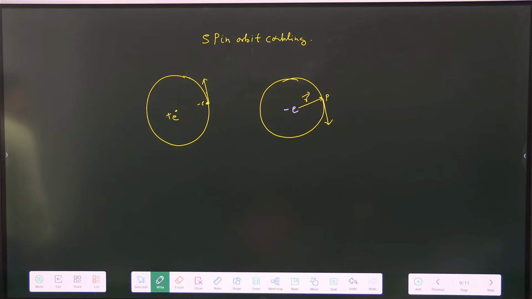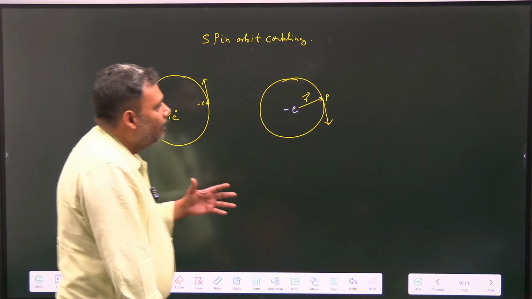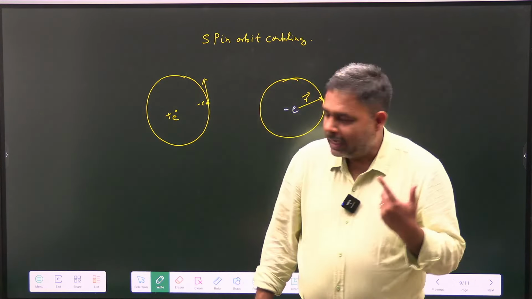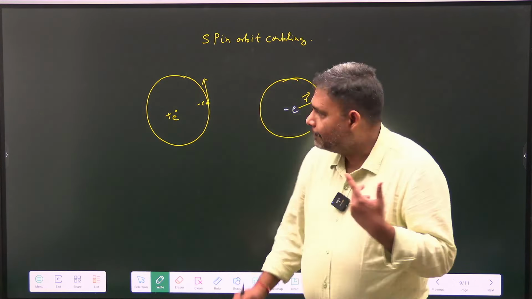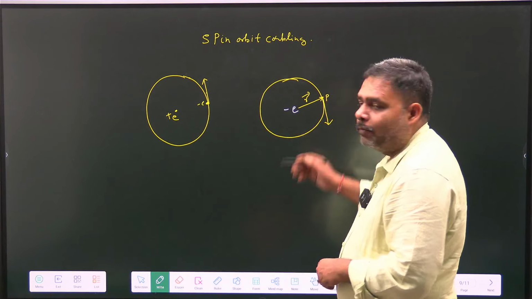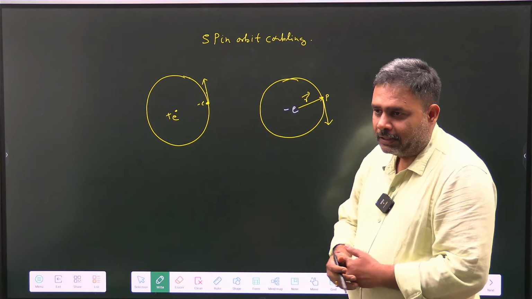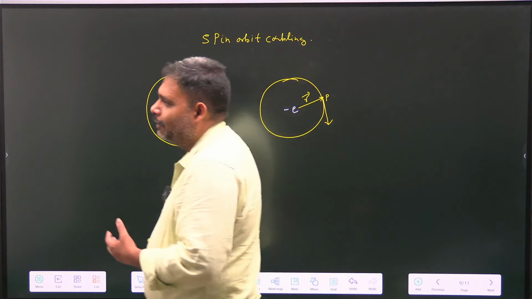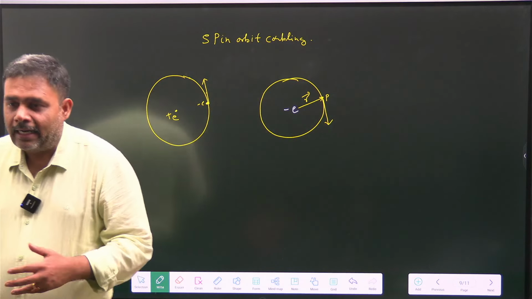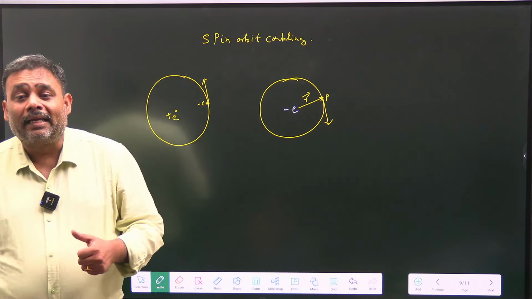This electron also has a spin part. So before finding how this angular momentum comes into the picture, we have to understand what the Bohr magneton is and how we can get the magnetic moment.